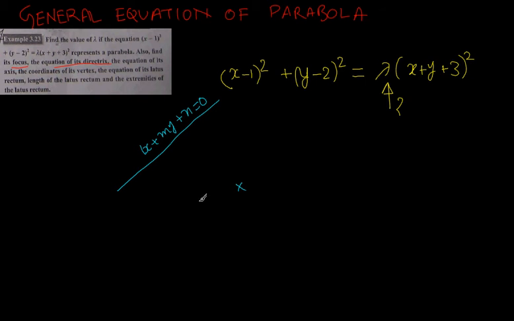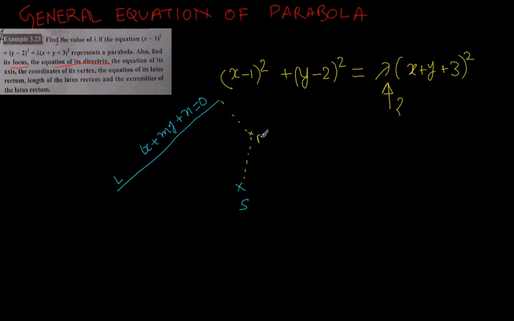Then according to the definition of a parabola, we need to find the locus of points from where the distance from the fixed point, which is this S, which we call the focus, and the line L, which we call the directrix, are equal. Take any point here; the distance from this point to the line L should be equal to the distance from the fixed point.